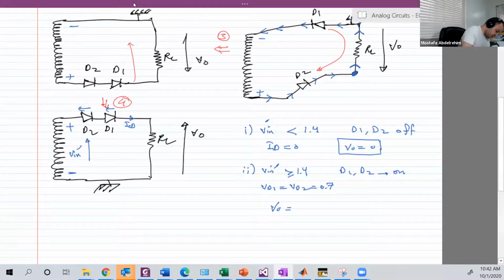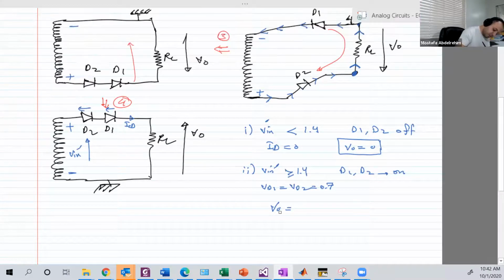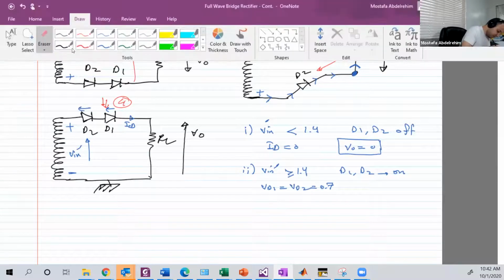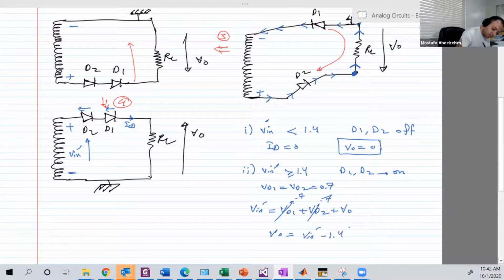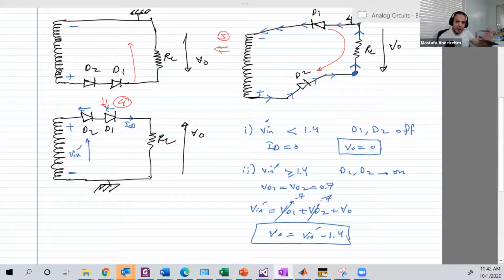Let's do it step by step to make it very clear to you. V in dash equals VD1 plus VD2 plus VO, so VO equals V in dash minus 1.4. Exactly the same equation that we got from the positive half cycle.